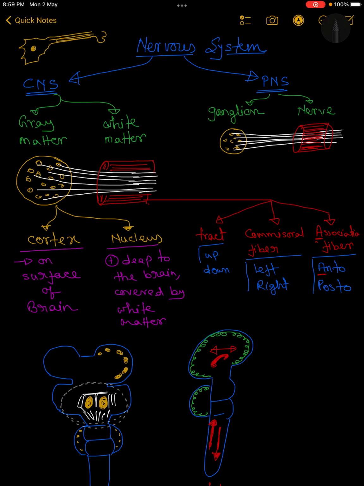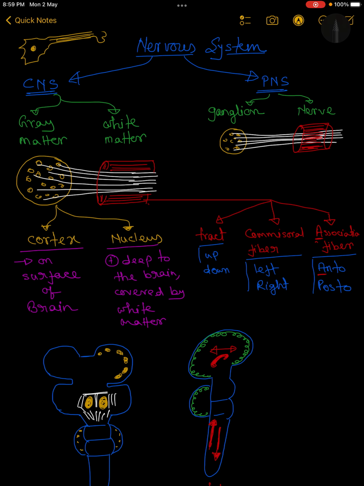If you see here, you will find these two yellow eggs, which are a collection of cell bodies, present deep inside, not in the cortex, and surrounded by this white matter. So it is known as a nucleus. Cortex and nucleus are both collections of cell bodies, but they are named differently according to their location.